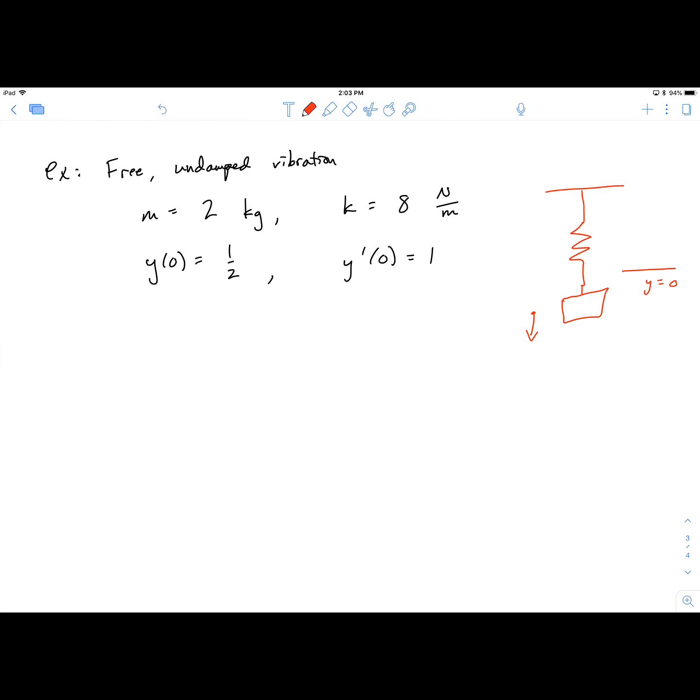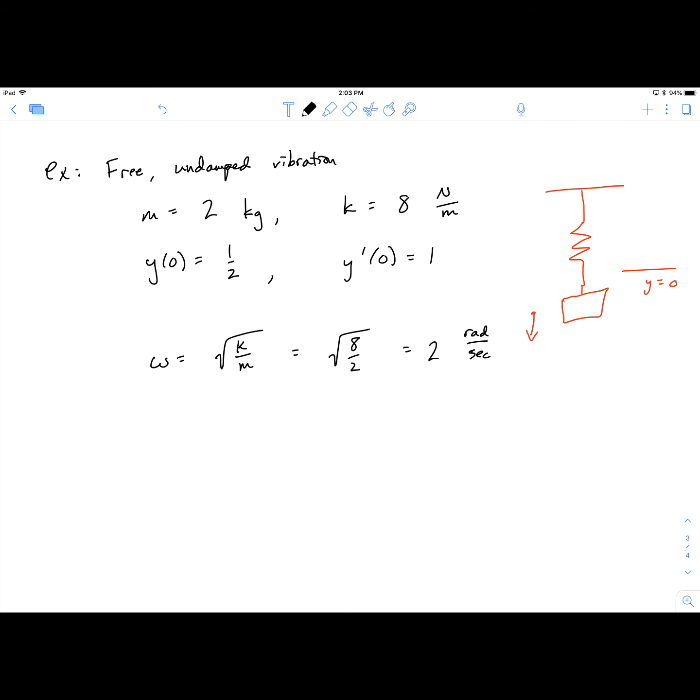So there's our setup, and we can quickly put in the values from the model earlier. So we have omega is the square root of k over m. So that would be the square root of 8 over 2, which of course is 2, and that's measured in radians per second.